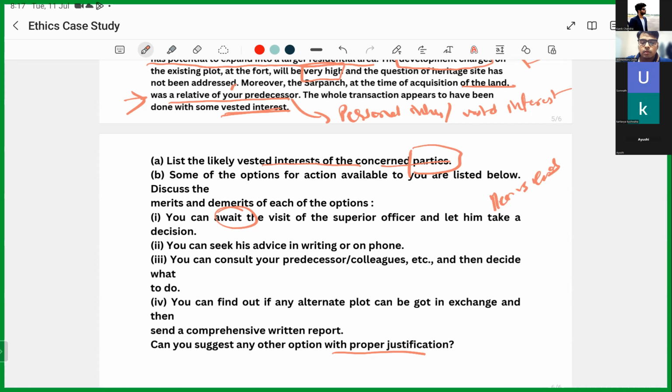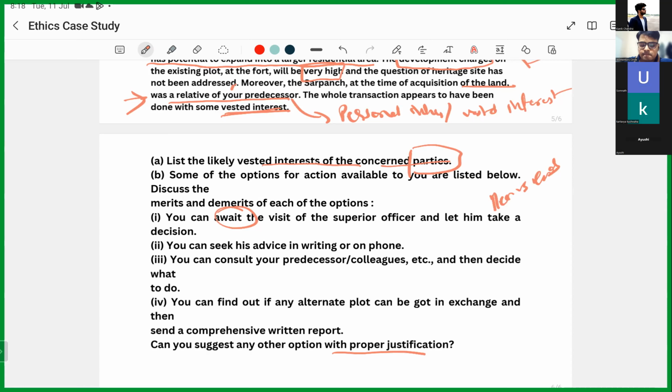So, is it okay to say clearly that corruption is happening? I am also saying "certainly", na, we can avoid a potential case of corruption. Exactly. Okay, sir.